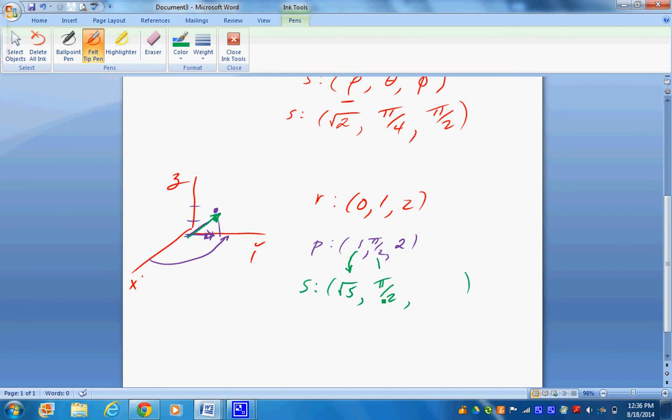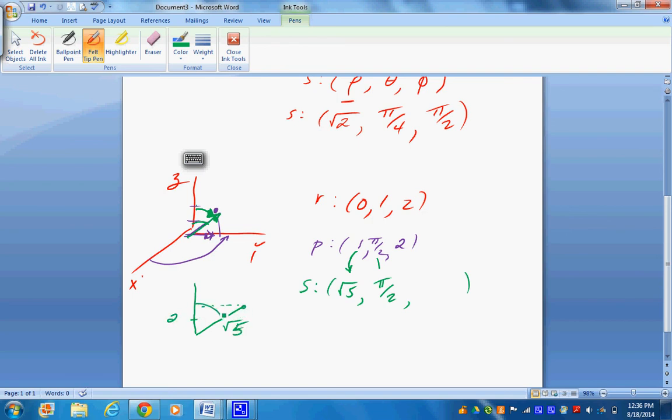And now what about my third one here? Well, I'm interested in this. What is this angle here coming off of the z-axis? Well, I'm going to redraw this here. So I know this has a length of square root of 2. I know that this is square root of 5, and this is 2.